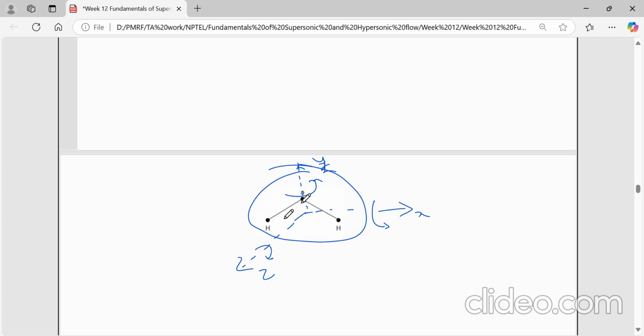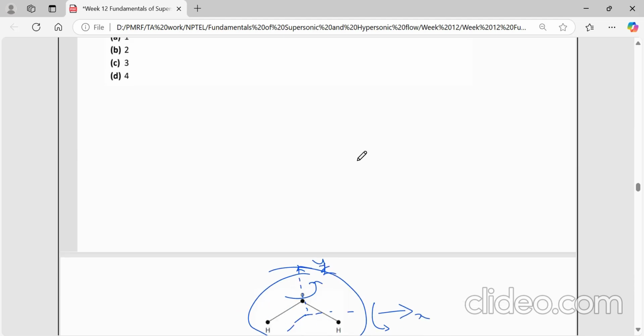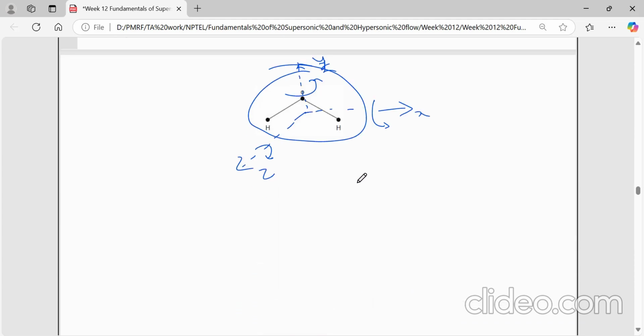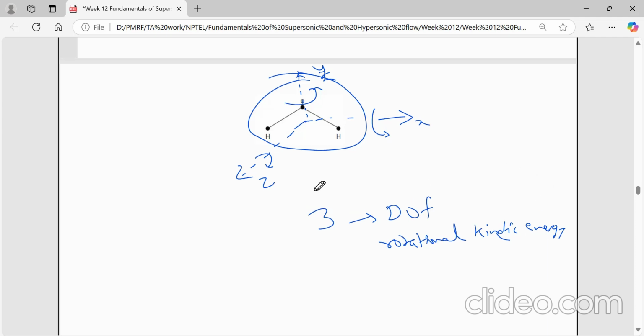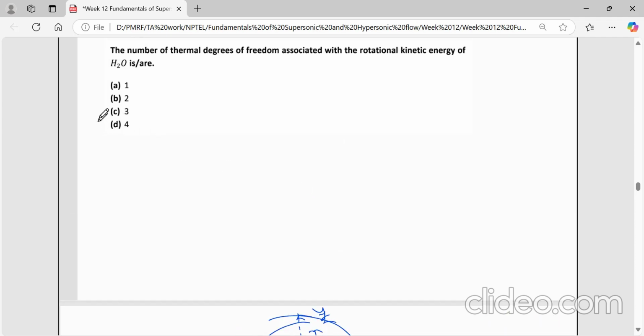As all 3 rotations have meaningful rotational energy, that's why a total of 3 degrees of freedom are associated with rotational kinetic energy. So the answer for this problem will be option C, 3.